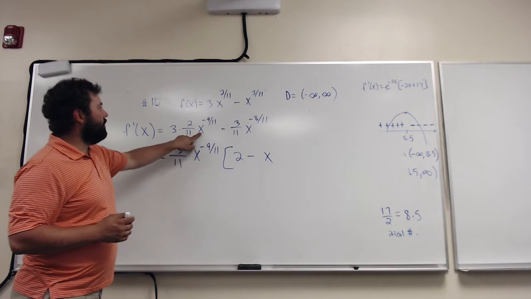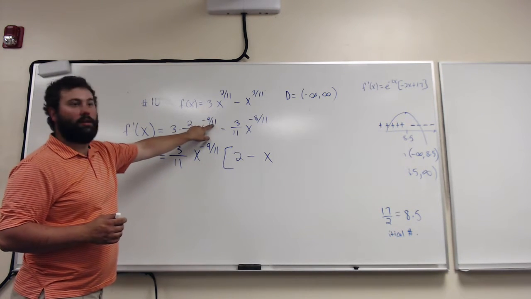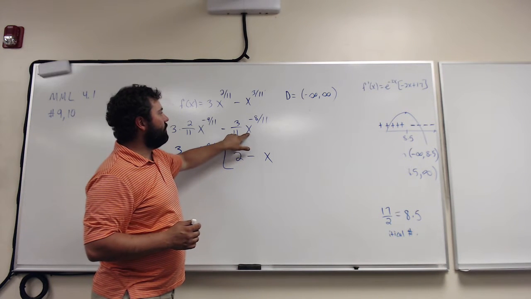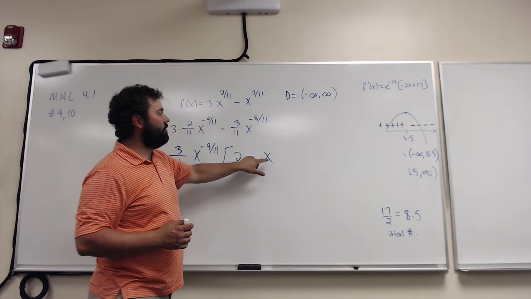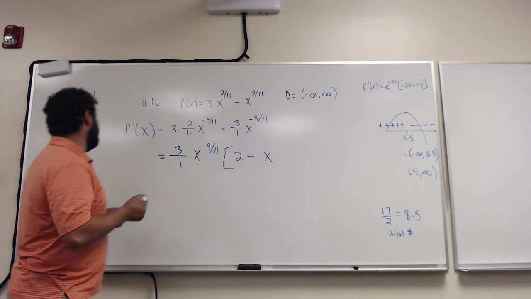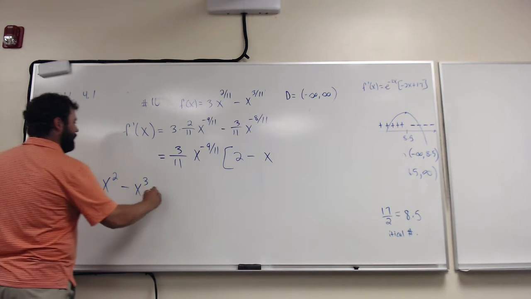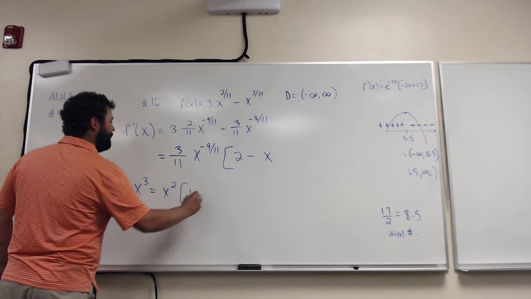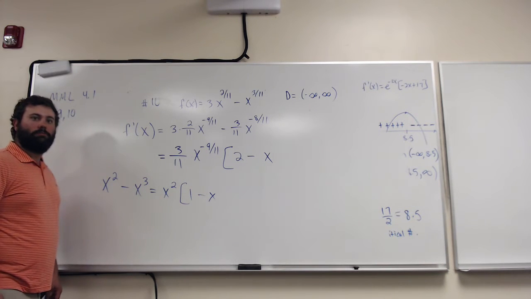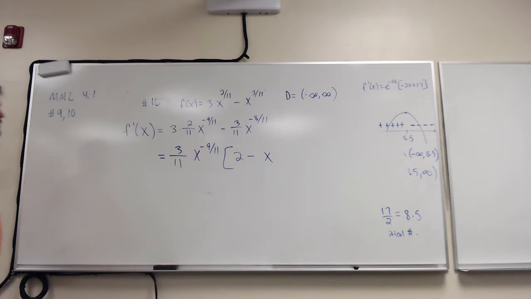Yeah, but only this x goes away because I literally factored this x to the minus 9/11 out. But if I factor x to the negative 9/11 out of this, there will still be x to a power left over. It's just like when you do x squared minus x cubed. You can factor out an x squared, and that's gone in the first term, but there's still some power of x in the second term. Similar idea, it's just with fractional exponents.